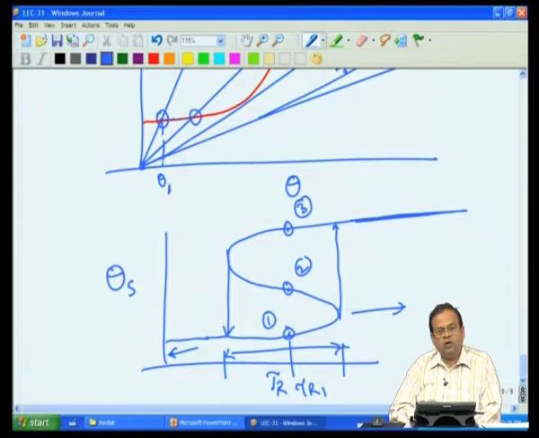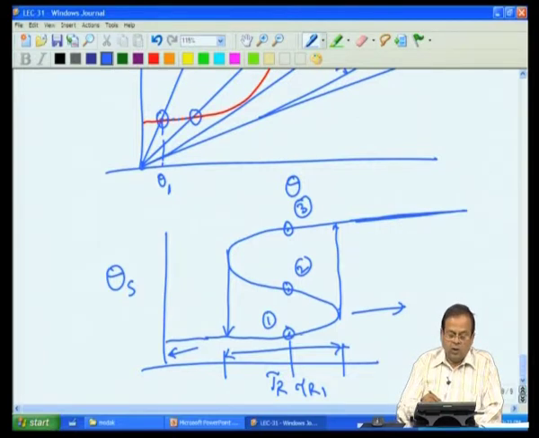That will depend on, as we saw here, what our starting condition was. For example, if I had started my reactor with a residence time of tau r1 and the initial temperature of my reactant was something close to this 0.1.